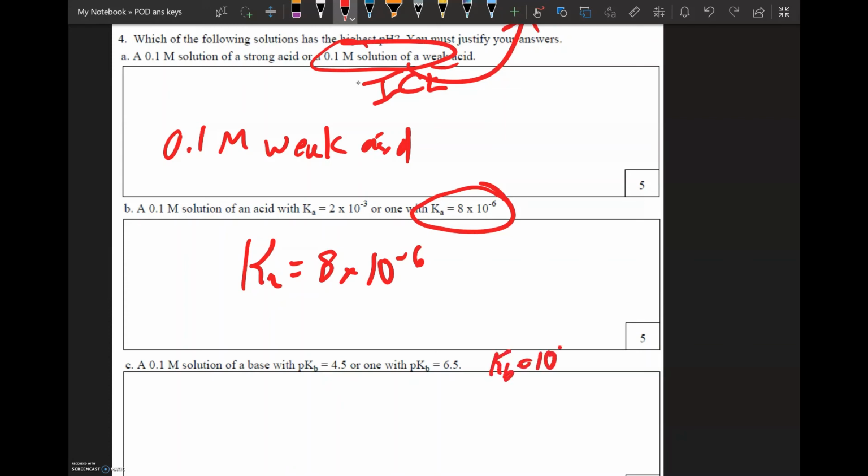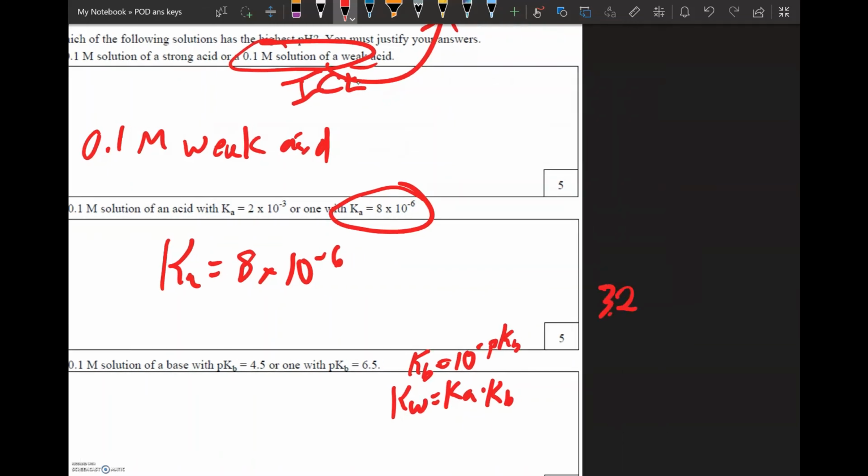So that's going to be 10 to the negative pKb. And then we have Kw is equal to Ka times Kb. So what we're going to do is get it back into its Ka form, and that way we can still work with what we talked about in letter B. So 10 to the negative 4.5 gives me 3.2 times 10 to the negative 5.